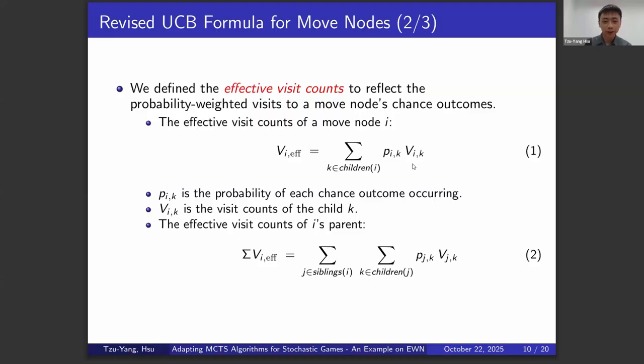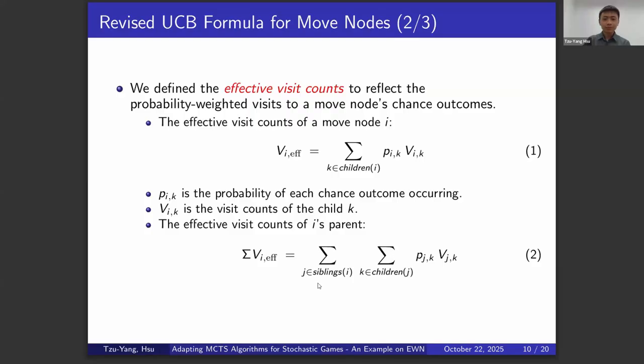In this equation, P_ik is the probability of each chance outcome occurring, and V_ik is the visit count of the child k. The effective visit count of i's parent is the sum over the effective visit counts of i's siblings.